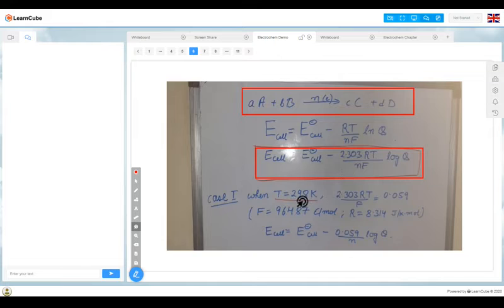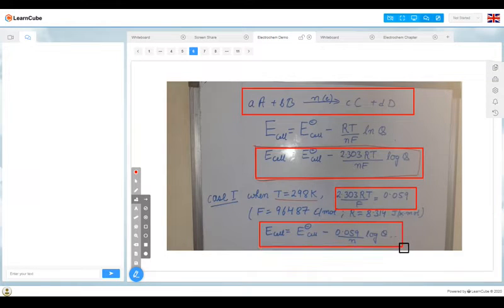So putting in temperature 298 Kelvin, RT by nF into 2.303, to make life easy I can use the value 0.059. So finally my equation becomes E cell is equal to E naught of cell minus 0.059 by n log Q. This is the simplified Nernst equation when the temperature is 298 Kelvin.